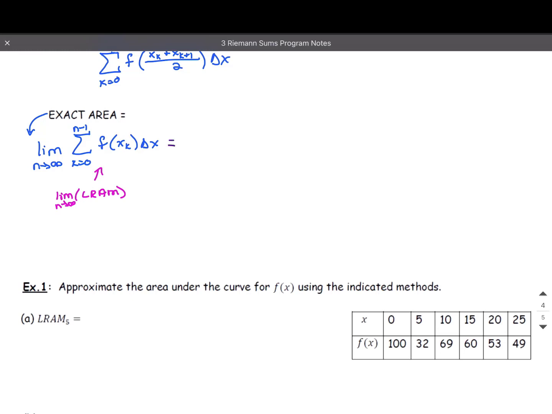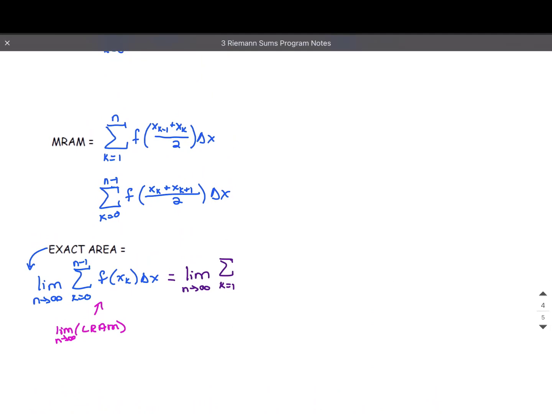Is the same as the limit as n heads to infinity of the summation as k goes from 1 to n of f of x sub k delta x. And again, that's the limit as n heads to infinity of your RRAM.